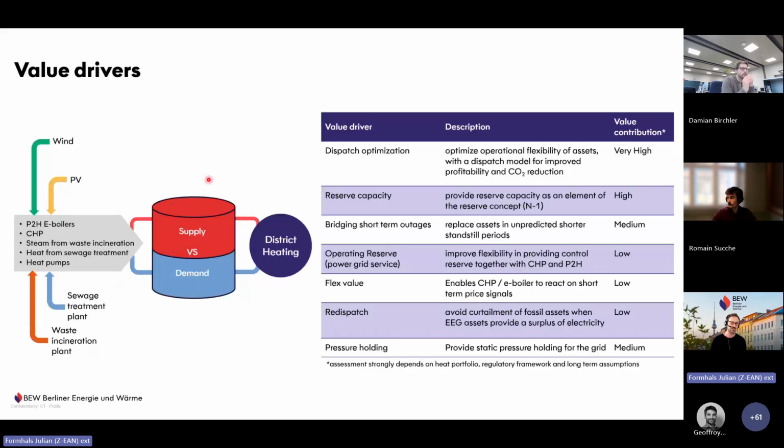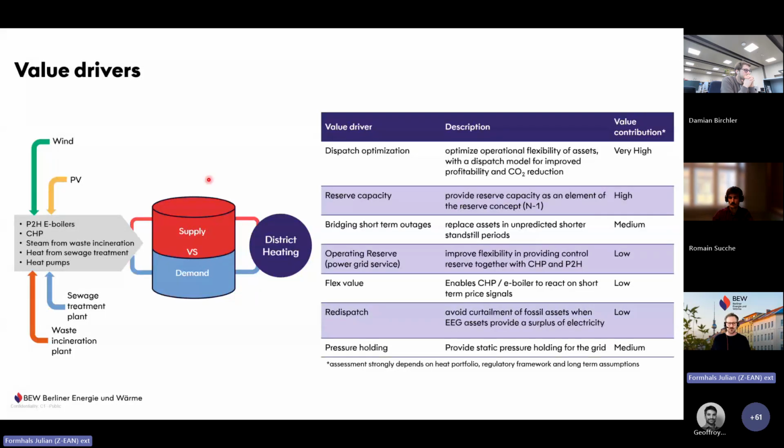We have as well CHP heat, which is sometimes not needed, which can be stored. And then we have these waste incineration plants. We have the sewage water heat pump. So all of this heat can be stored into the storage, which is a quite nice use case for a storage, but it makes it quite complicated as well.